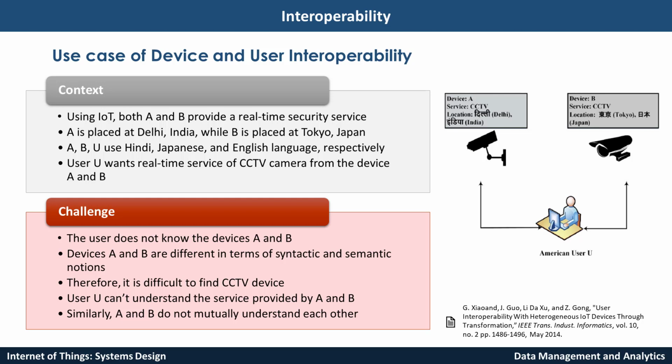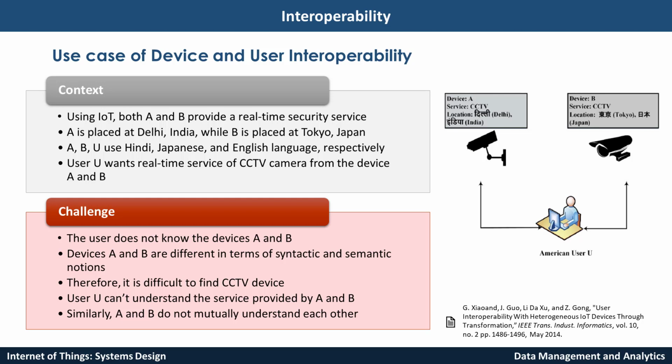A, B, and you, the user, use Hindi, Japanese, and English respectively. So the user talks English, camera A Hindi, camera B Japanese.